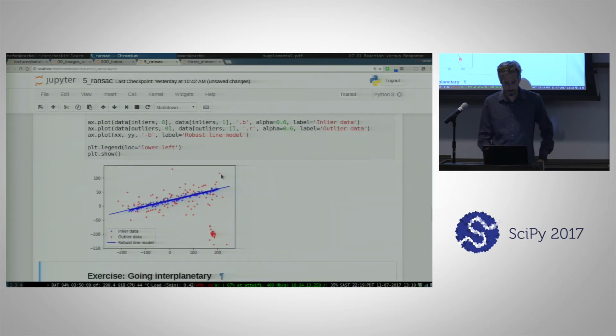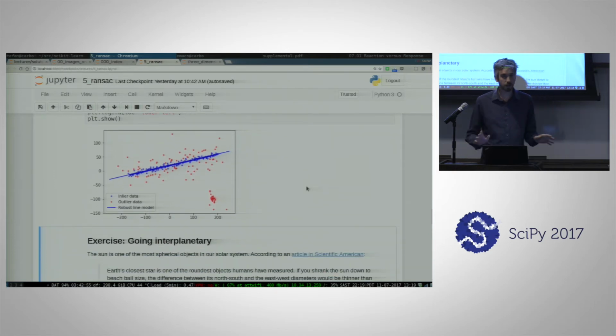All right, so let's fit ransac, and there we go. You see that with 1,000 trials, 1,000 different attempts to fit the line, that's the line that was found to have the most inliers around it, and it rejects the outliers that we were concerned about.